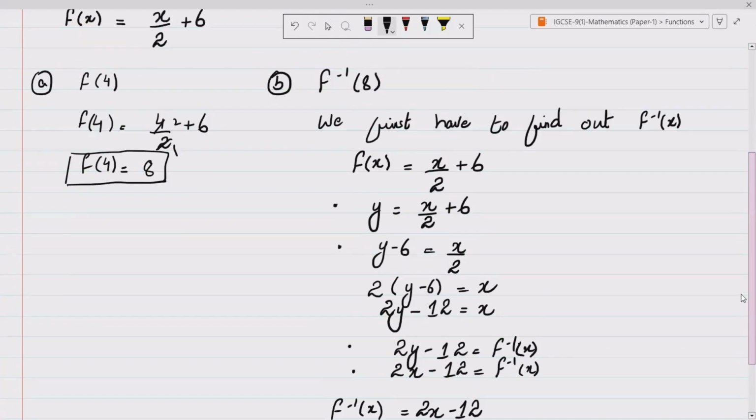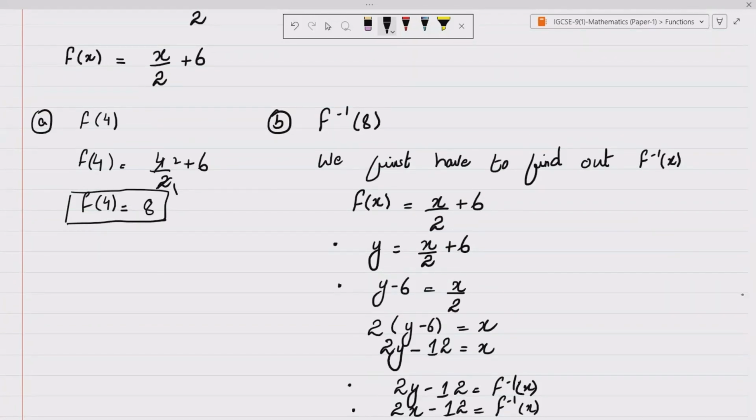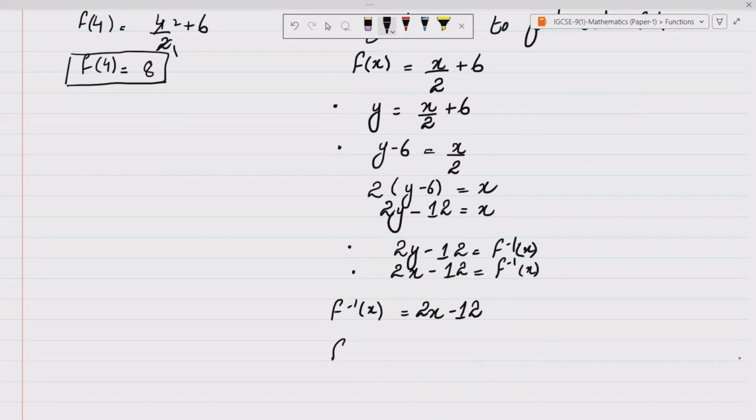And now we go back to our part. We have to find f inverse of it. Now we have f inverse. We put 8 in place of x. So this becomes 2 times 8 minus 12. 8 into 2 is 16. 16 minus 12 is 4. So here we are done with part B as well.